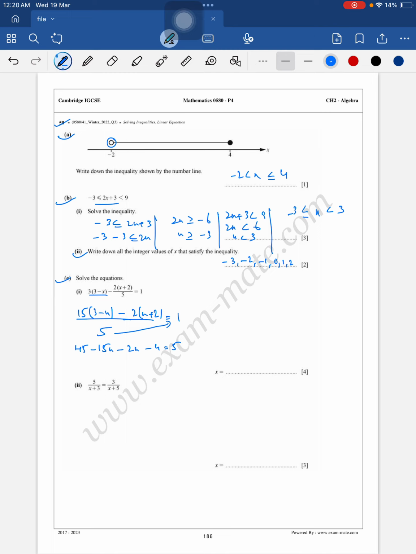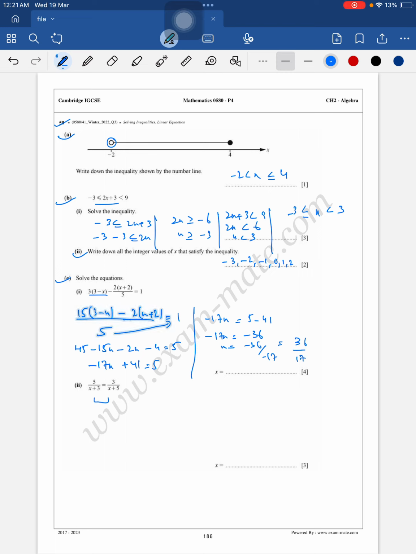So minus 15x minus 2x is minus 17x, 45 minus 4 is 41, equal to 5. So minus 17x, 41 goes over there, 5 minus 41. Minus 17x is equal to 5 minus 41, which is minus 36. So x is equal to minus 36 upon minus 17. So it is 36 upon 17.